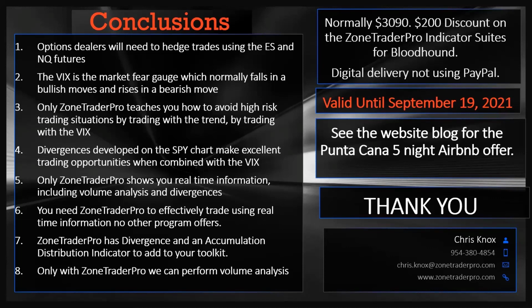It's not based on some kind of overbought, oversold technical indicator that's 60 years old. It's based on what the VIX is doing now. Basically, this is how we effectively trade using real-time information that no other program offers. No other program is going to offer the volume analysis, the divergence, the accumulation, distribution, special divergence, and you're just not going to get any of that.